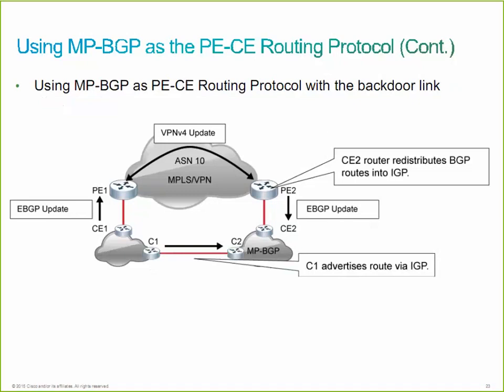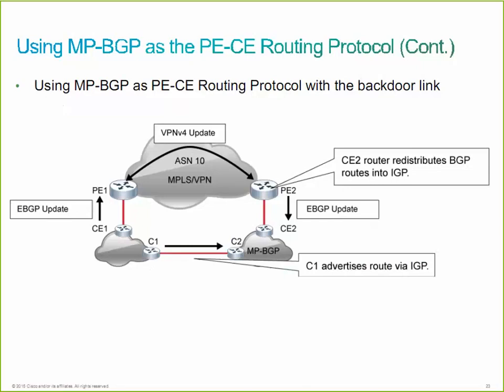If the customer has a backdoor link between the sites, and we kind of see that listed here, we've got our MPLS VPN, and then we have some sort of backdoor link between C1 and C2. When the customer has this backdoor link, the same route gets advertised over the backdoor link using whatever IGP that gets advertised over the MPLS VPN backbone.